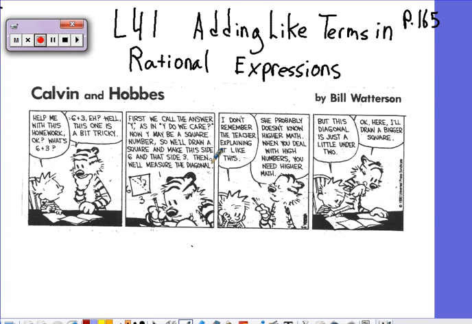All right, so lesson 41, adding like terms and rational expressions is the first part. This is going to combine a bunch of stuff that we've already learned. It's going to combine what we've learned with adding like terms, x plus 2x equals 3x, right?